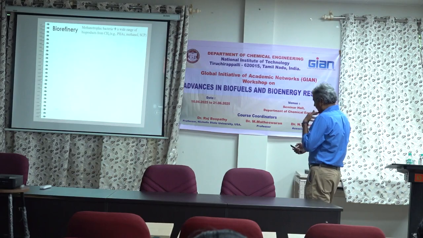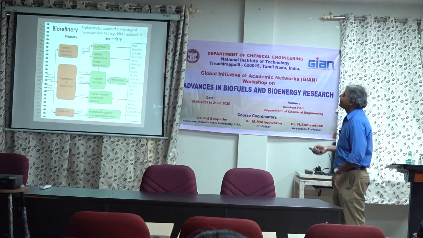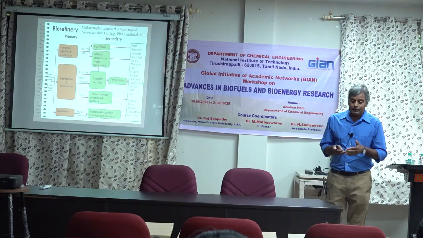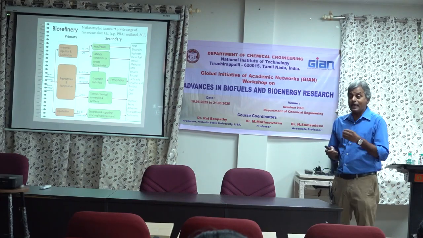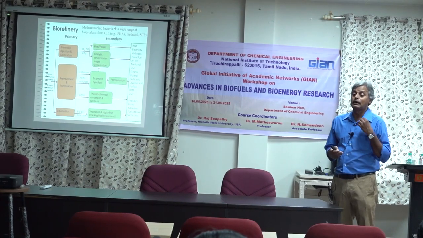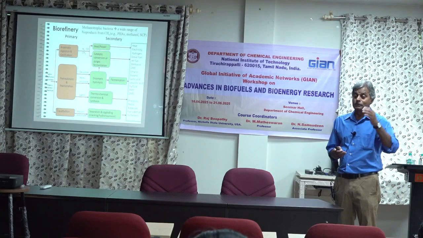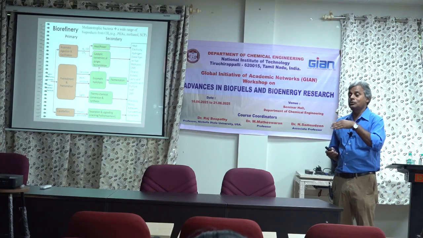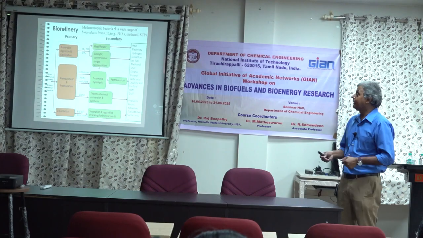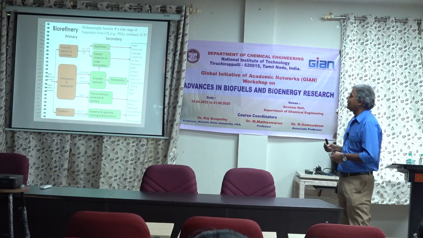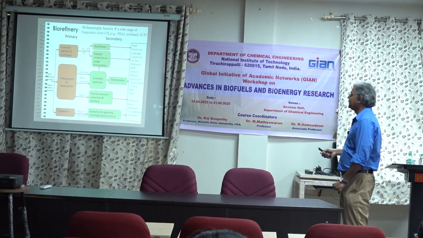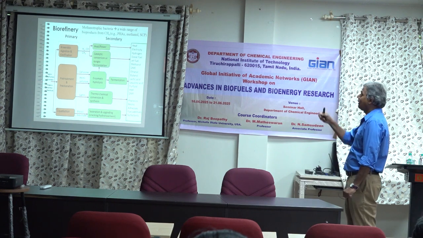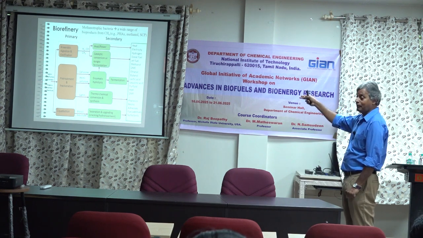So let's talk about methanotrophic bacteria, which is one kind of bacteria that can use methane as a carbon source. So methane produced from an anaerobic digester can be used to grow these bacteria, and then the bacteria can make your polyhydroxybutyrate, single cell protein, methanol, a lot of different products the bacteria will make.